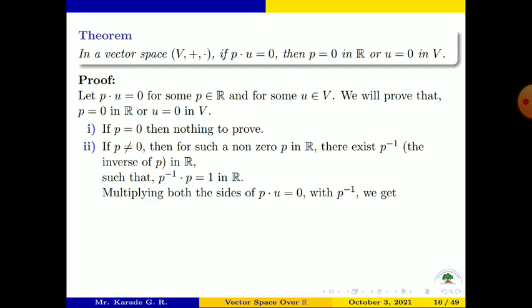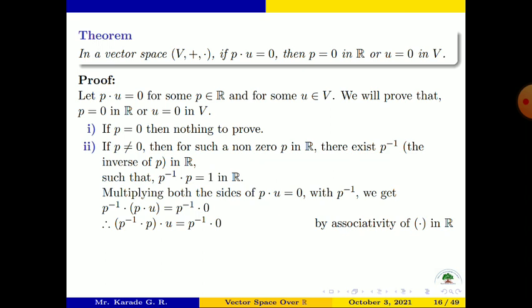So multiplying both sides of P into U is equal to 0, the above statement, with P inverse we get P inverse into (P into U) is equal to P inverse into 0.